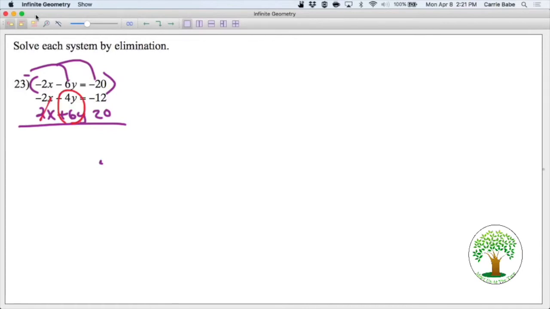This here becomes 2y, and this becomes positive 8. So y is going to be 4.